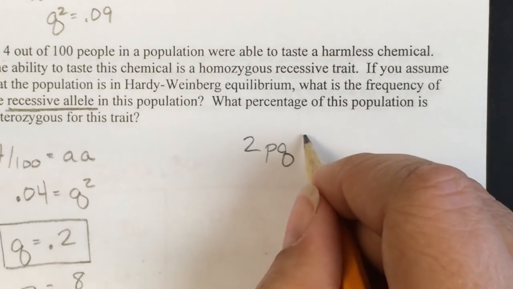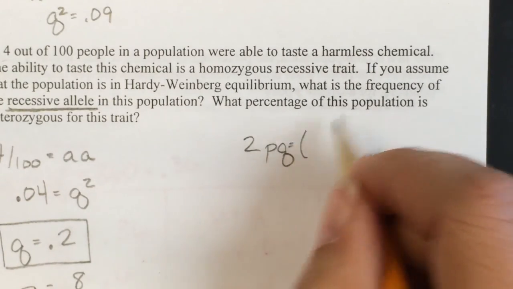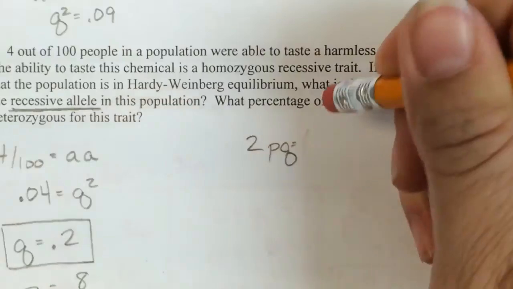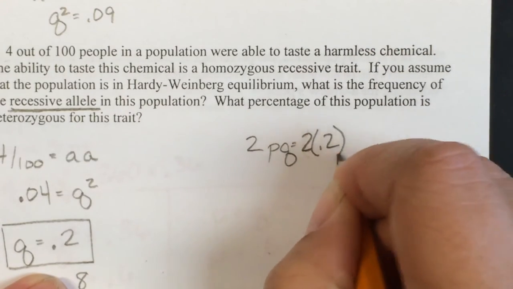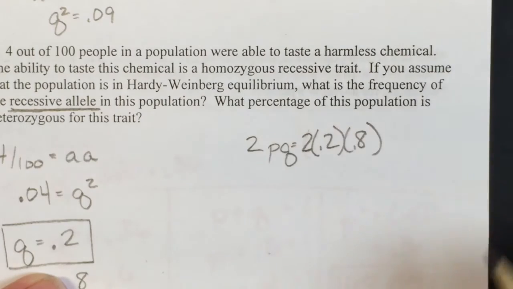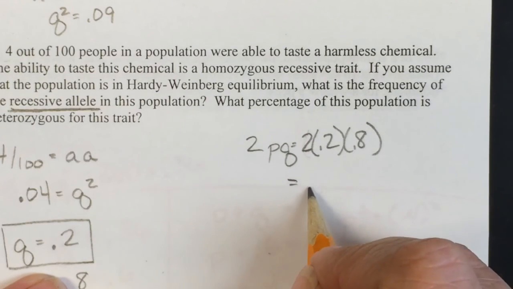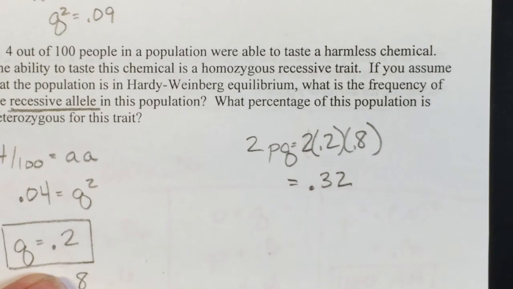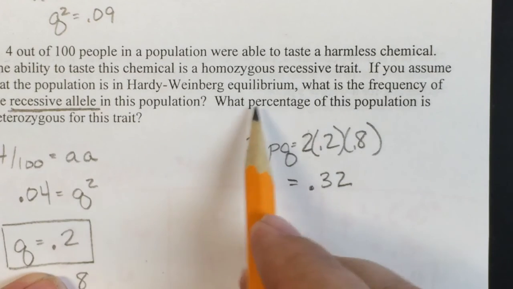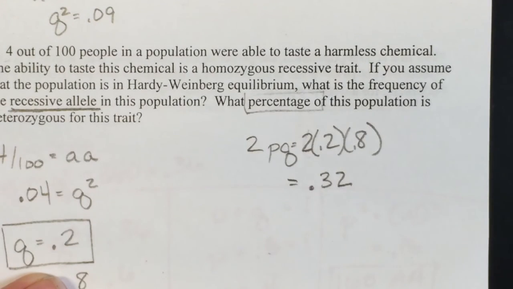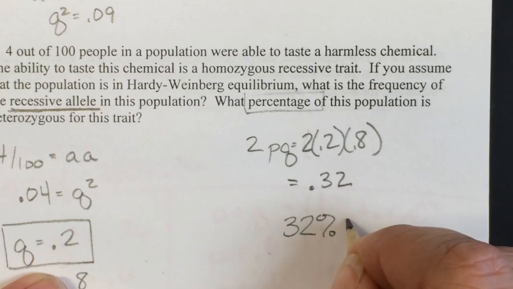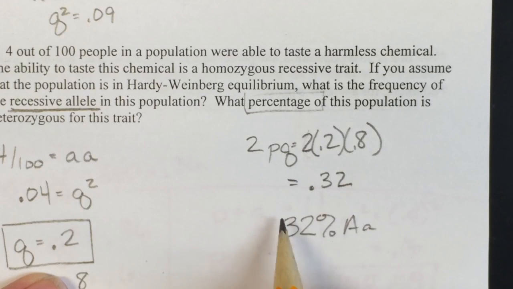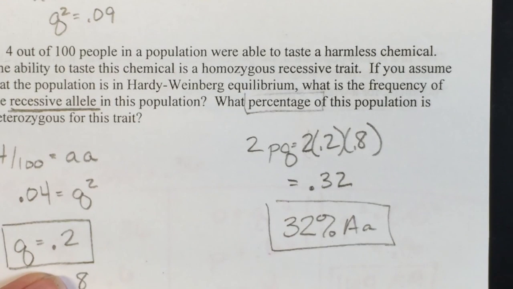So 2pq is going to be 2 times 0.2 times 0.8, which is 0.32. And they are asking what percentage of this population, and my frequency is 0.32. That means my percentage is 32% heterozygous. And those are your two final answers.